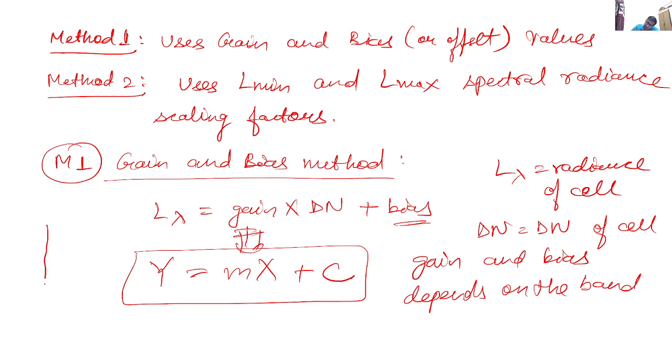So for an 8-bit system, let this be L lambda, let this be DN. In an 8-bit system, it can move from 0 to 255 only. So this part would be the intercept, which is the bias, and the slope would be the gain. It's just a linear expression, nothing special as such. Okay, so this was method number 1. Let's check out method number 2.